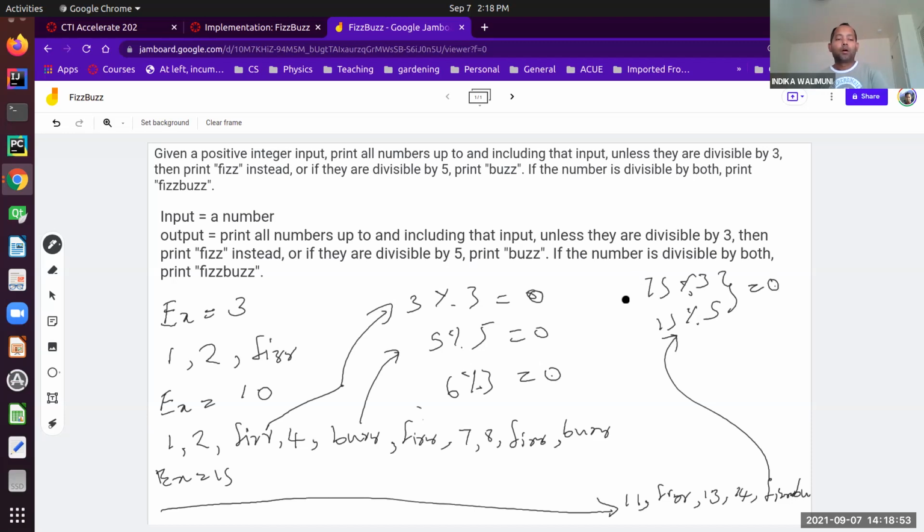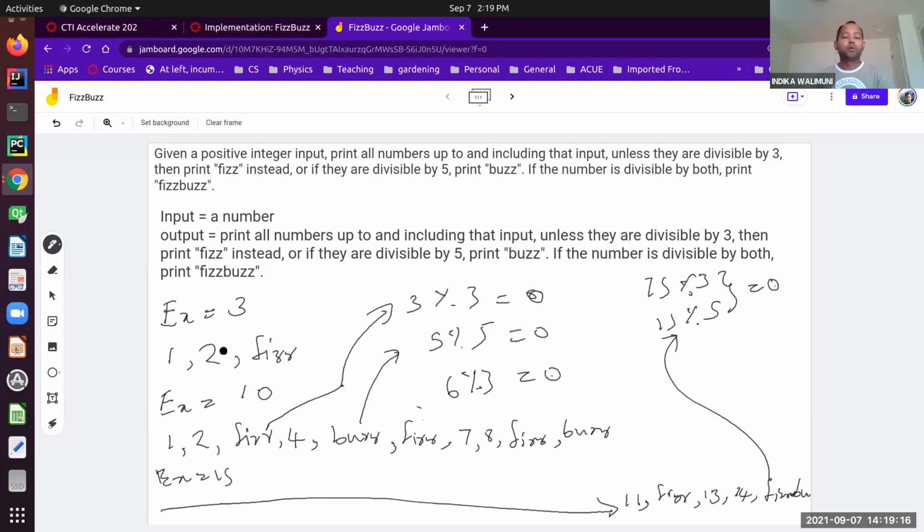All right. So basically, this is the understanding, and now you should be able to figure out a plan for this. Obviously, there's an iteration involved. If the number is 3, we have to print from 1 to 3.